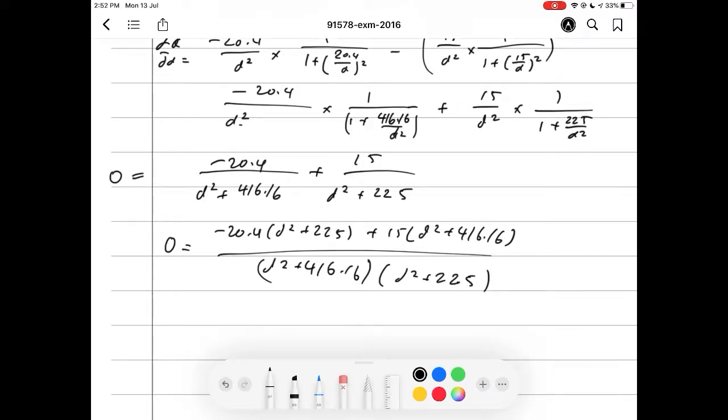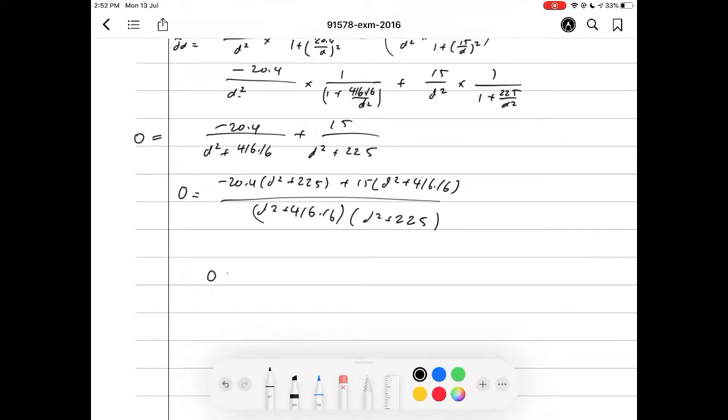But we know that if we multiply both sides by the denominator, we'll still get 0 equals negative 20.4. We'll expand it, so 0 equals negative 20.4 d squared minus 225 times 20.4, so minus 4590, plus 15d squared plus 416.16 times 15.